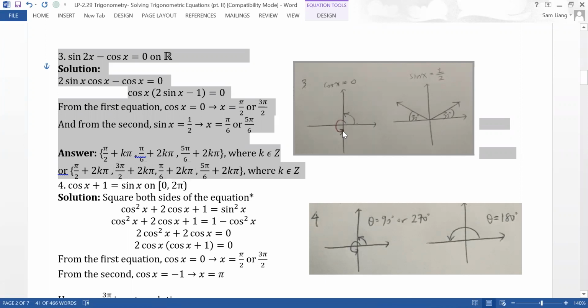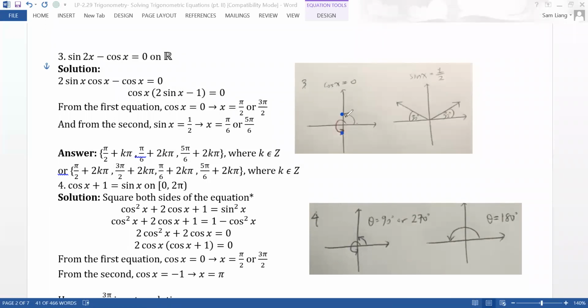So pi over 2 plus 2k pi is 90 degrees plus another 360, that's 450. And then 3 pi over 2 plus 2k pi is 270 plus another 360. So in other words, our solutions are going to be located at these points, here and here, on the positive and the negative y-axis.